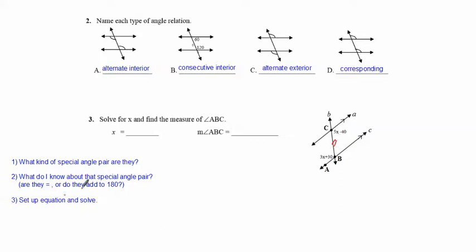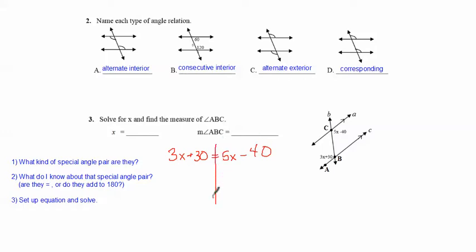And step number 3, set up the equation based on what you just wrote, that this should equal that, and solve. So let's write that equation. 3x plus 30 should equal 5x minus 40, because we know that alternate interior angles should equal each other.